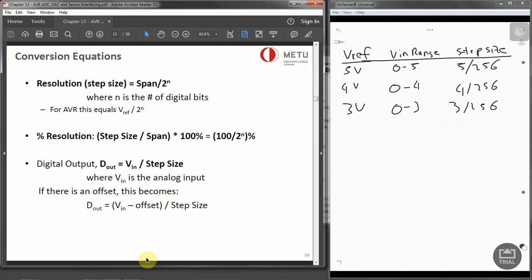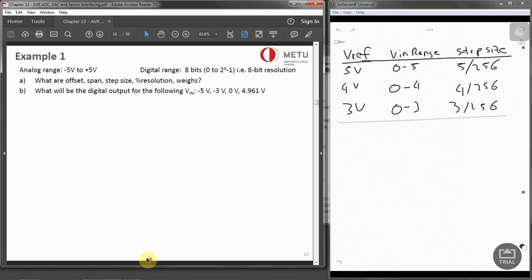So let's do an example so that we can understand it better. It says analog range -5 to +5, digital range 8 bits. So we have an 8-bit resolution. What are the offset, span, step size, percent resolution and the weights? Let's start with the offset. As we already said, it's Vref minus, which in this case is -5 volts.